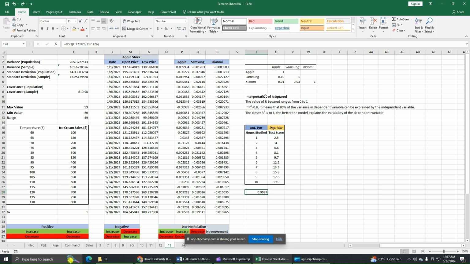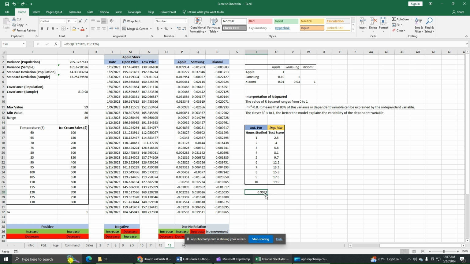So here we can see some interpretation of r squared. The value of r squared ranges from 0 to 1. So if you calculate, the value will always be within 0 to 1. If r squared is equal to 0.8, it means that 80% of the variance in the dependent variable can be explained by the independent variable.